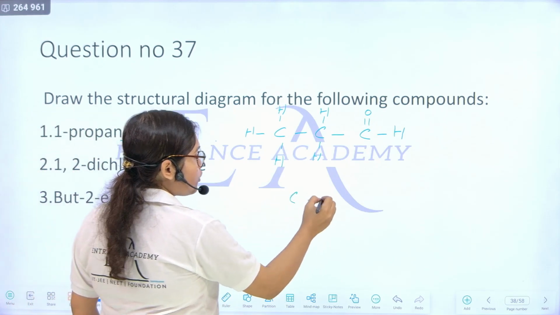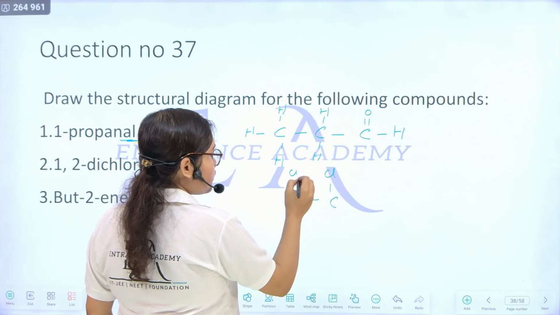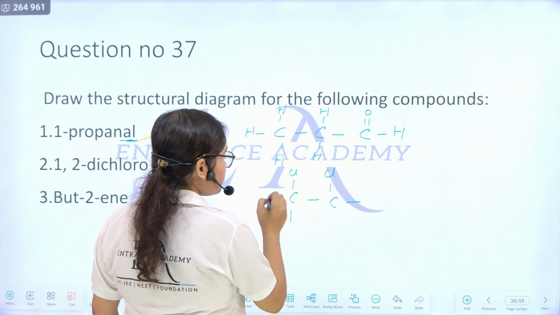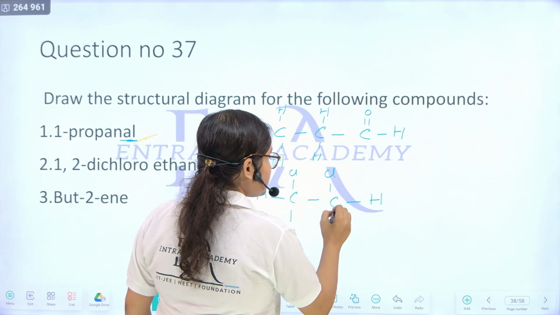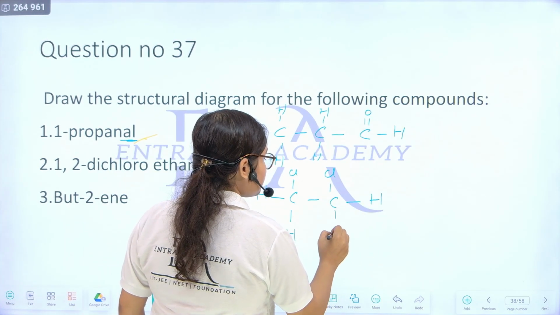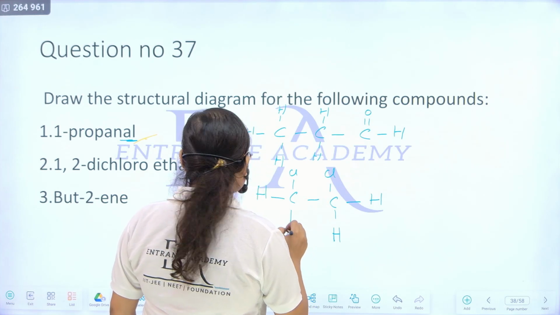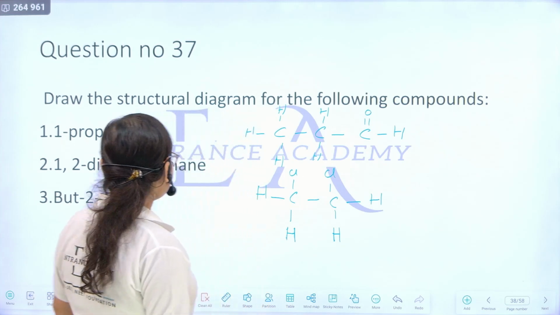Then 1,2-dichloroethane. Here is a chlorine atom. Here is another chlorine atom. So this is the structure of 1,2-dichloroethane.